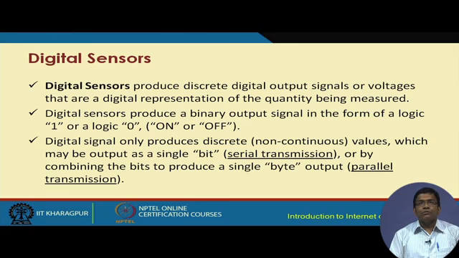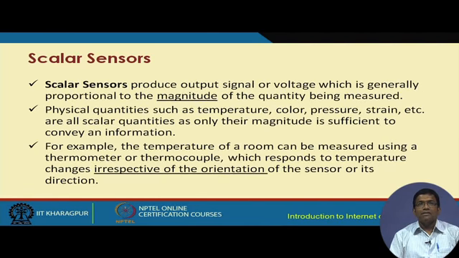Digital sensors produce digital discrete voltage levels or signal levels. So binary values like 0 and 1, or on and off, are the output of digital sensors. Scalar sensors measure only the magnitude. Physical quantities such as temperature, color, pressure, strain, etc. are scalar quantities, and measurement of the change of magnitude is sufficient to convey the information.